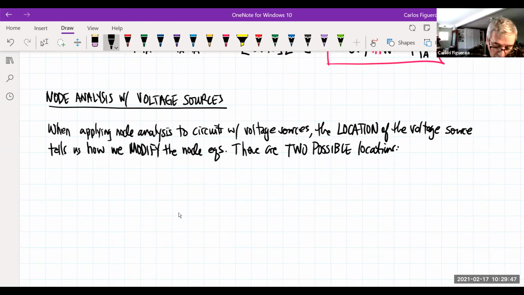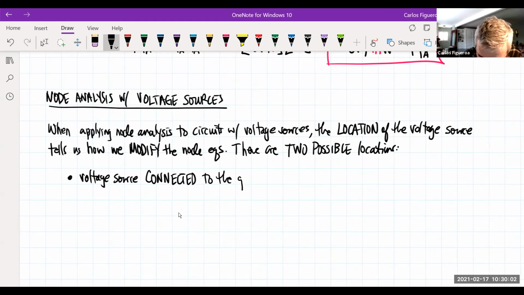So what are they? One, you can have a voltage source connected to the ground. That's one possibility.